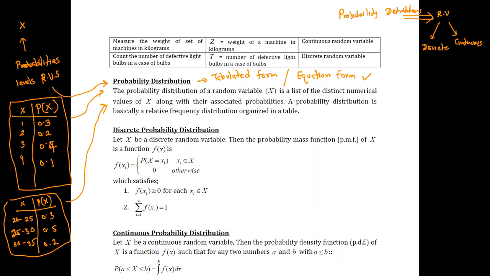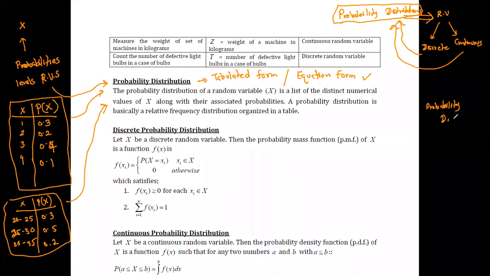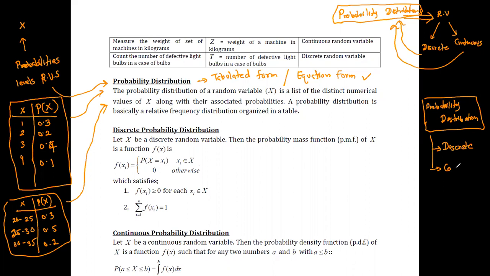Since we are constructing or identifying the probability distributions for a random variable, according to the behavior of the random variables, we can again assign the discrete concept and the continuous concept in the probability distributions as well. Therefore, probability distribution also has two categories: discrete and continuous.